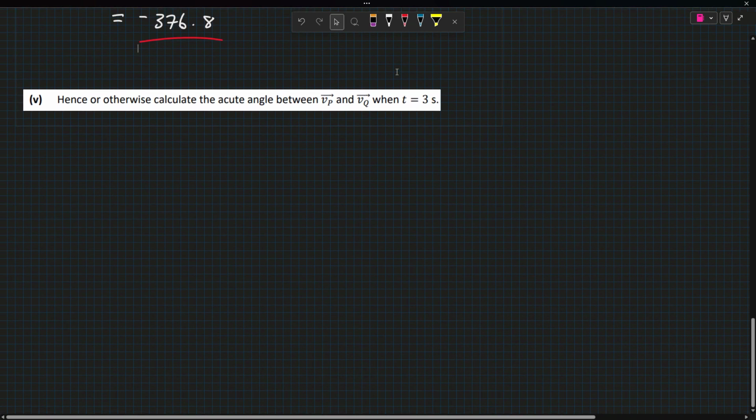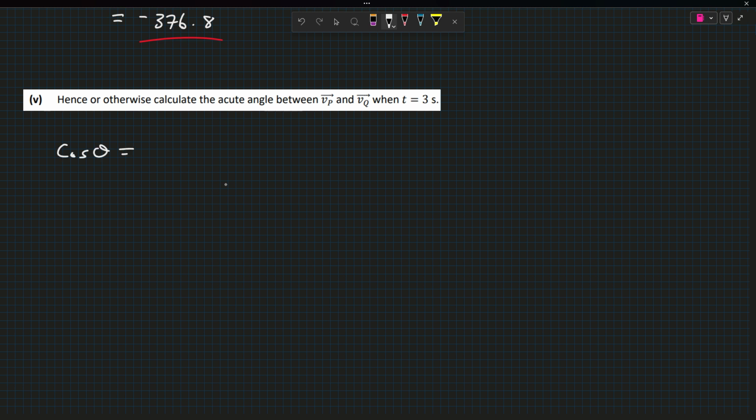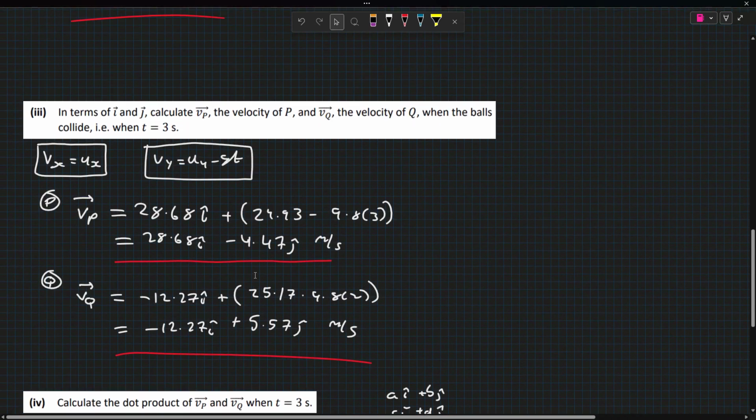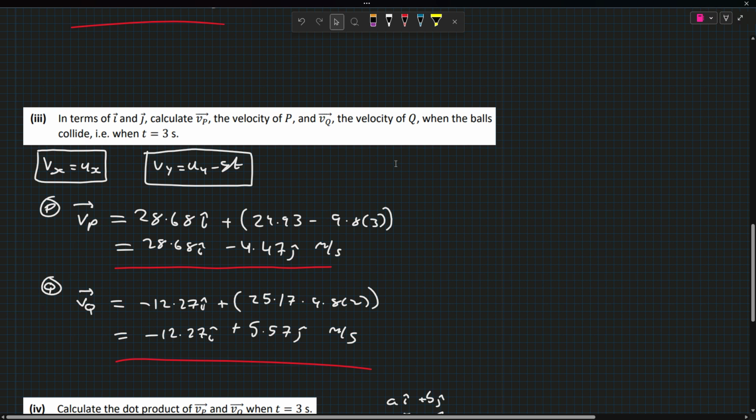And then calculate the acute angle. So we can write that cos theta is Vp dotted with Vq, which we've already found, all over the magnitude of Vp times the magnitude of Vq. Now the magnitude of Vp is 29.03. We'll do 2 decimal places.